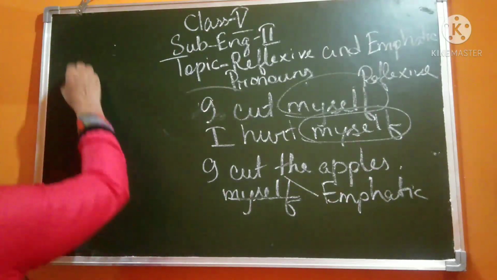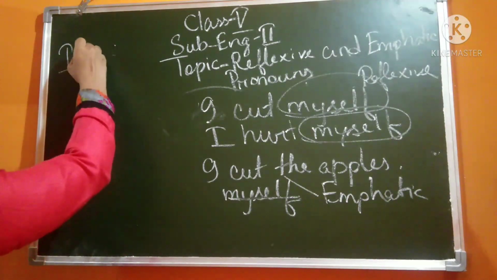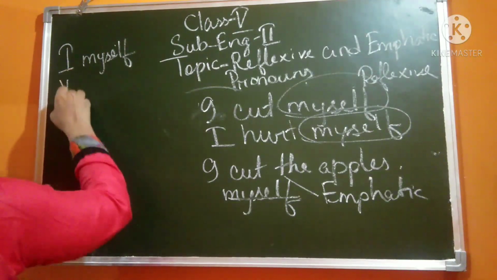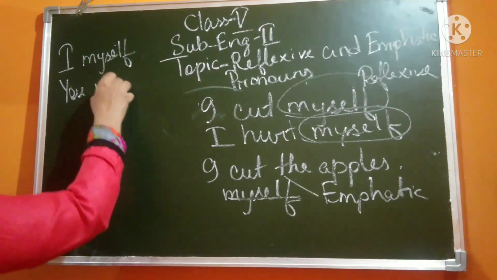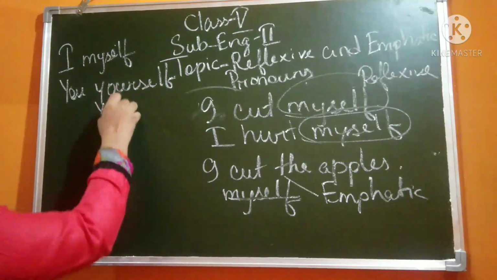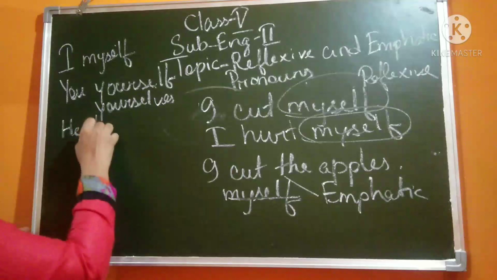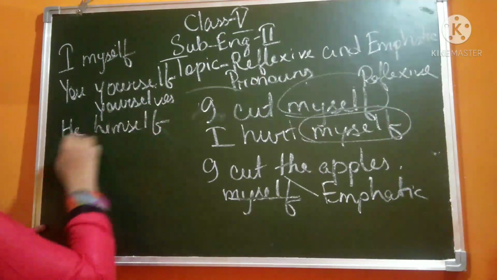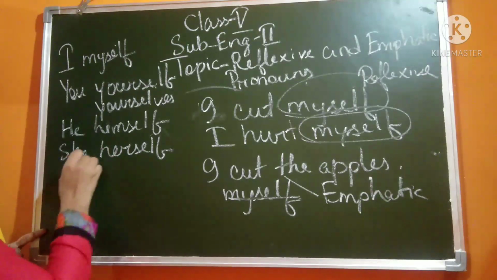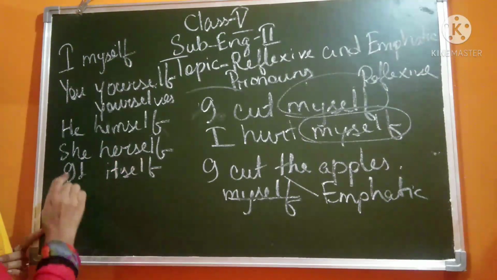Now, if the pronoun is I, it will be myself. If it is you, singular, then yourself, and plural, then yourselves. If it is he, it is himself. If it is she, it is herself. If it is it, it is itself.